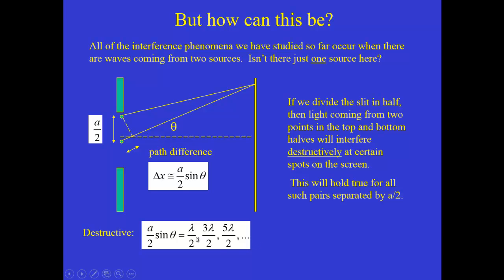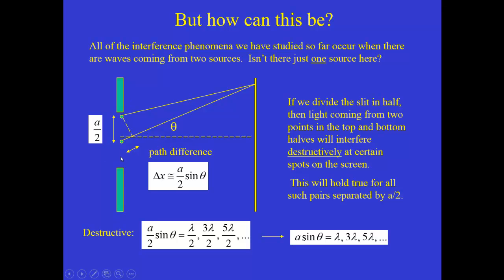So we've listed the first 3 values here. If we use that and multiply both sides by 2, we see that a sine theta is lambda, 3 lambda, 5 lambda, so all of the odd multiples of the wavelength. And it's tempting to think that maybe that's the end of the story, because if light coming from these 2 points interferes destructively, then if we just shift down to 2 points immediately below these, they would still be separated by a distance a over 2.